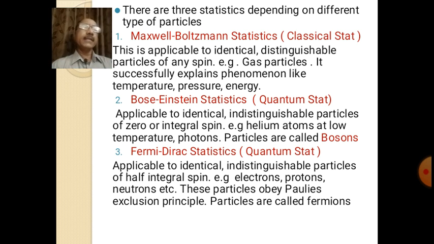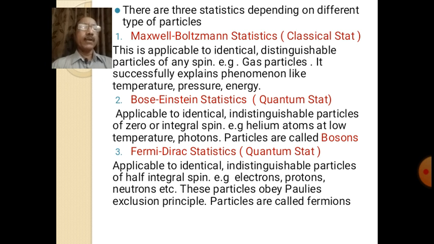So these are the 3 different kinds of statistics that we apply to different types of systems comprising a large number of particles of different types. Some kind of particles obey Maxwell-Boltzmann statistics, so for some kind of particles we apply MB statistics.